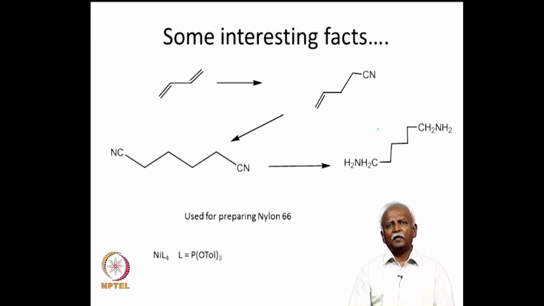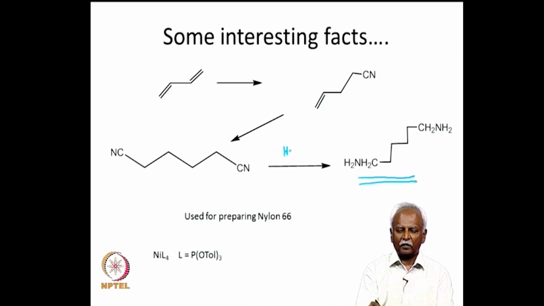So, if we do the same reaction cycle with a butadiene, then you can do the reaction in 2 steps. In the first step, one cyanide is added, and in the second step another cyanide is added, and this leads to a molecule which is now ready for, if you add hydrogen to this molecule, you end up with a 6 carbon diamine, and this is exactly the molecule that was used to prepare nylon 6,6.